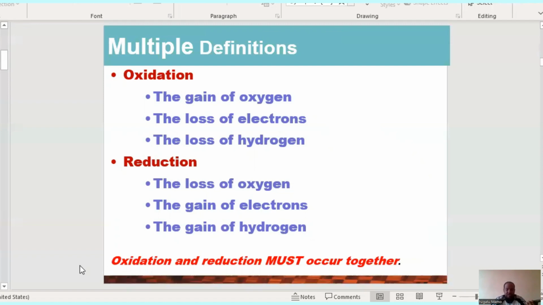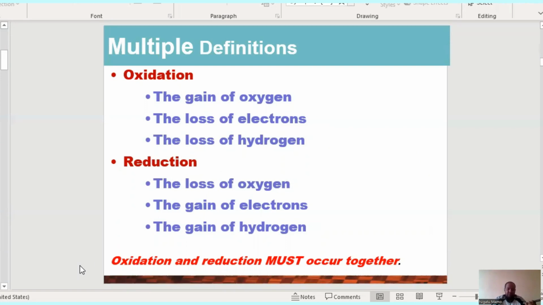Oxidation and reduction reactions must occur together. There is no oxidation reaction alone. There is no reduction reaction alone. If one atom gives an electron, another one must accept the electron.